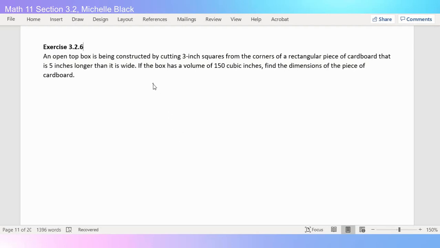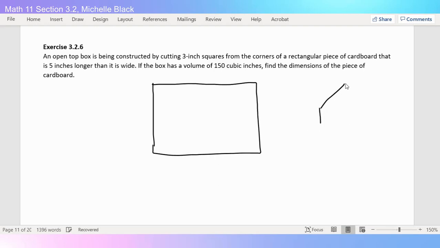All right, so I'm starting with a rectangular piece of cardboard, and I'm going to construct an open top box. So I assume I'm going to have something like this.